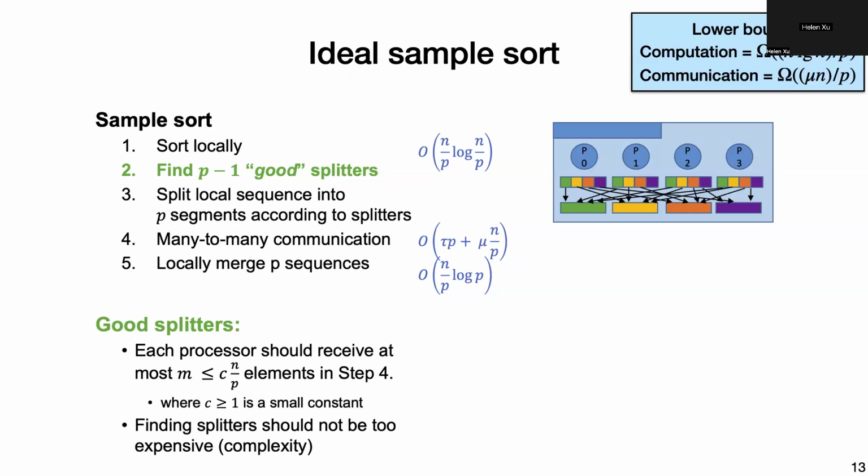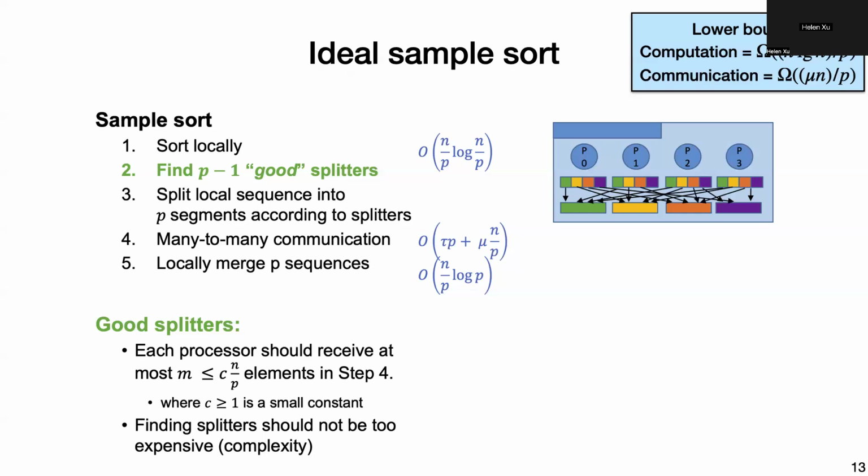Like when you're doing your receive call, don't you have to say how many things you're receiving? Each processor knows how many it's going to send to processor 0. So if you add them all up, that is the size of the buffer that processor 0 needs to make.